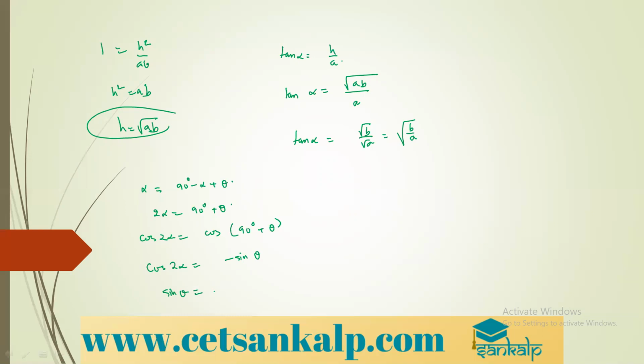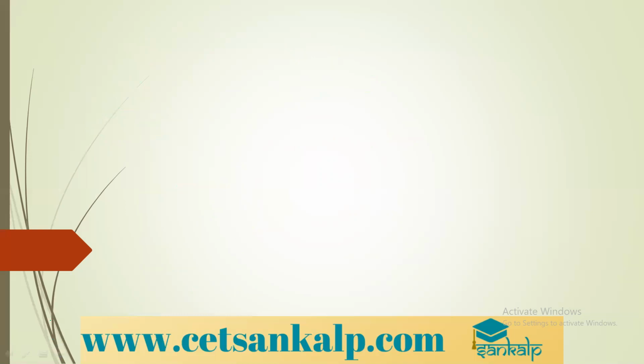Sine theta is minus cos 2 alpha, which is minus of 1 minus tan square alpha by 1 plus tan square alpha.